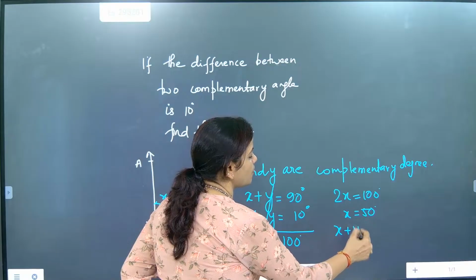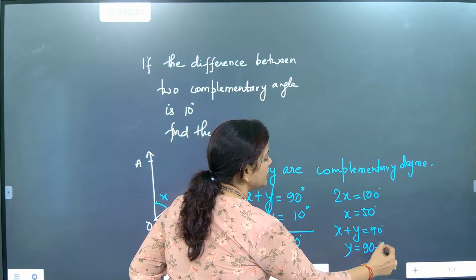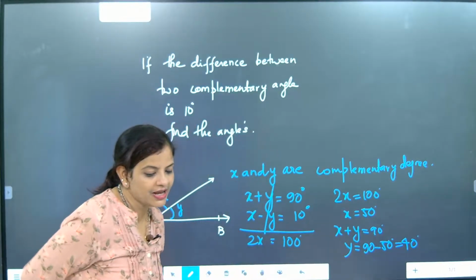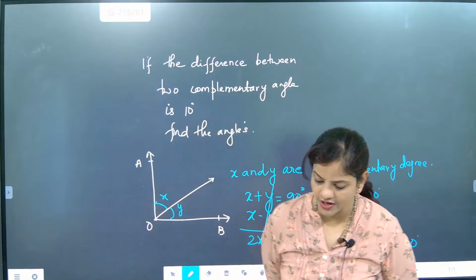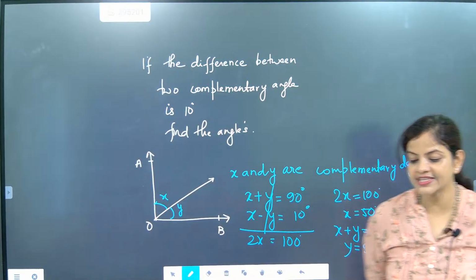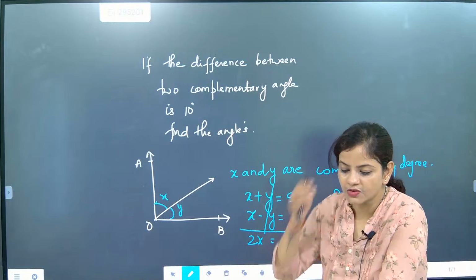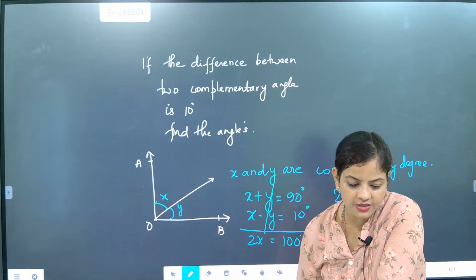So X plus Y is equal to 90, so Y will be equal to 90 minus 50. It is coming as 40 degree. 90 minus 50 is coming as how much degree? 40 degree. Are you understanding this one, beta? Easy or tough? Easy. Absolutely correct. 40 degree and another one is 50.